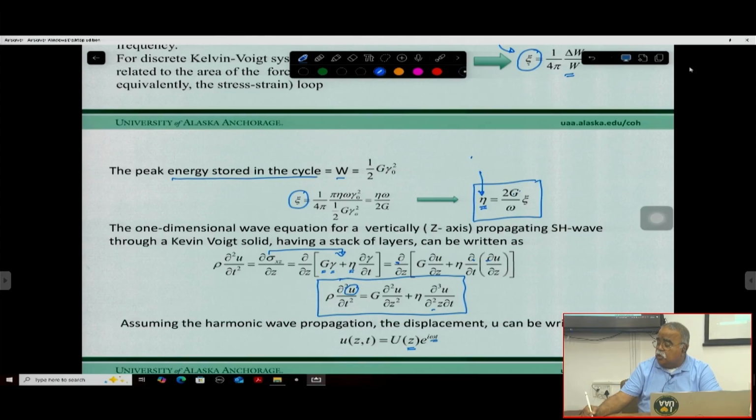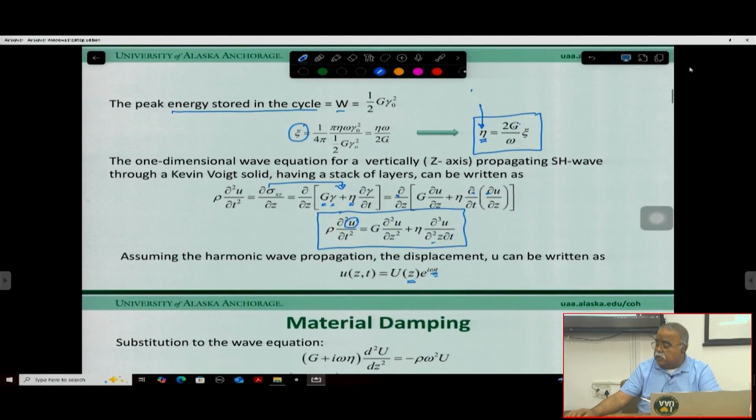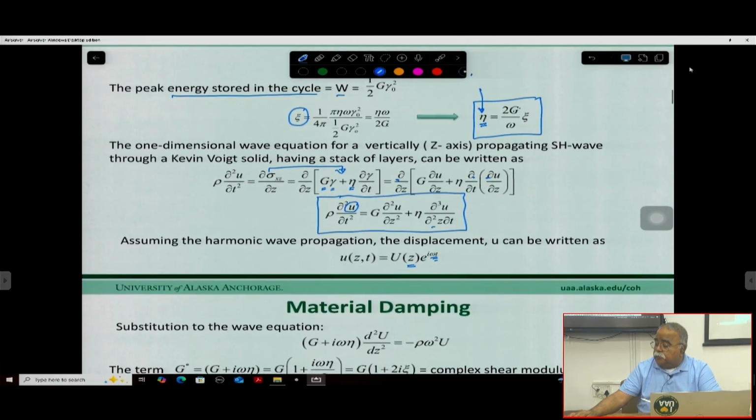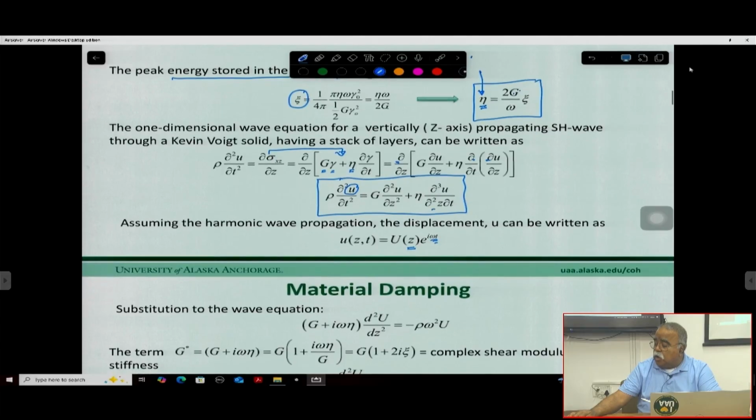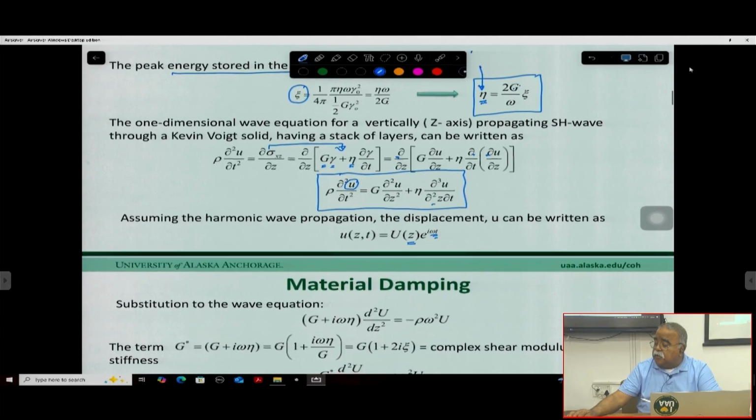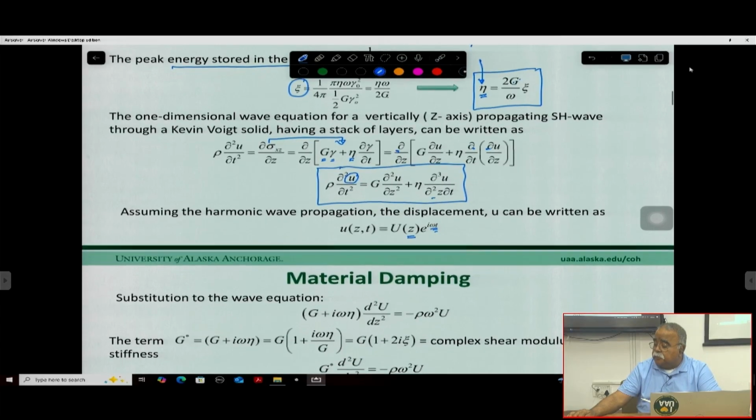So this is your one-dimensional wave equation, and its solution you can find by the variable separable method. So do you know how to solve this equation or not?